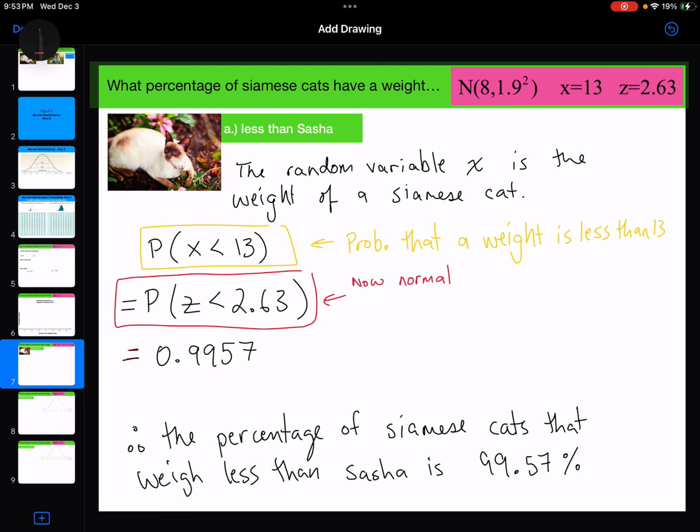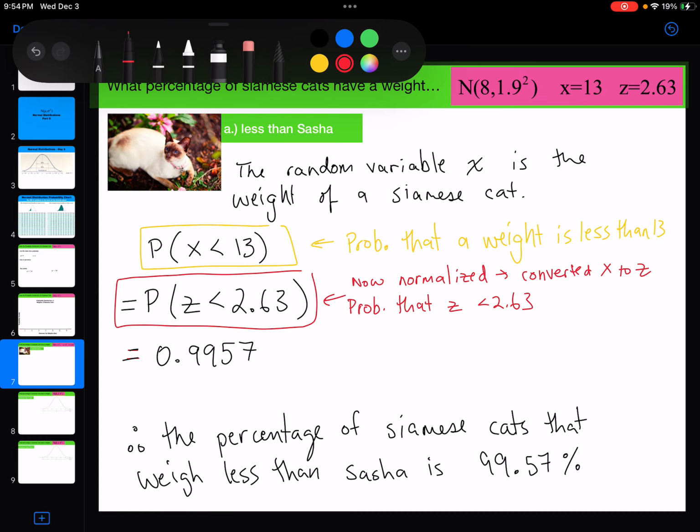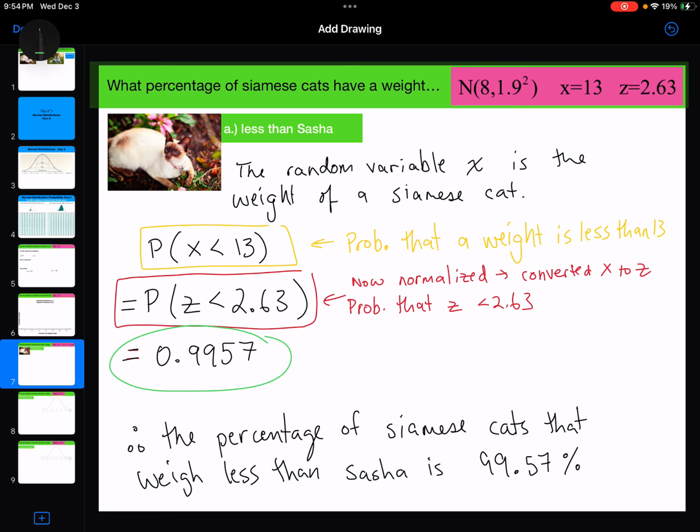Normalized means converted to a z-score. And we're now looking for the probability that z is less than 2.63. What's the probability that any data value is less than 2.63 away from the mean? Okay, and then the final line, that is the actual probability or percentage.